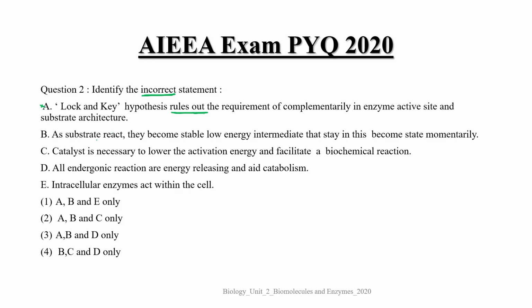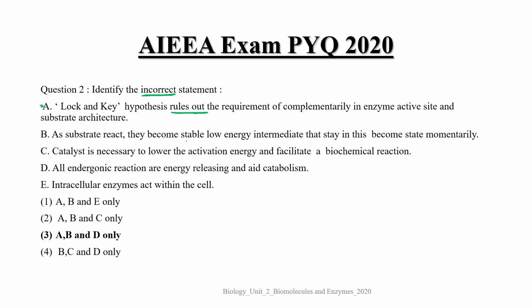B: as substrates react, they become stable, low energy intermediates that stay in this state momentarily. No, they become unstable, and at that time a high energy level is there.